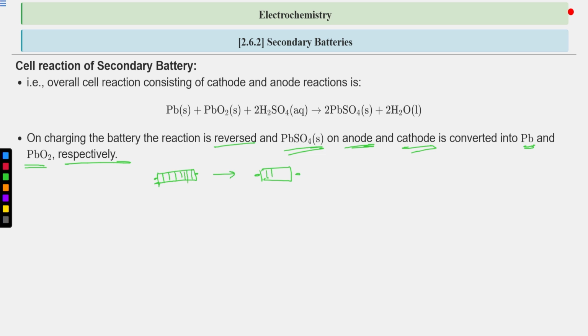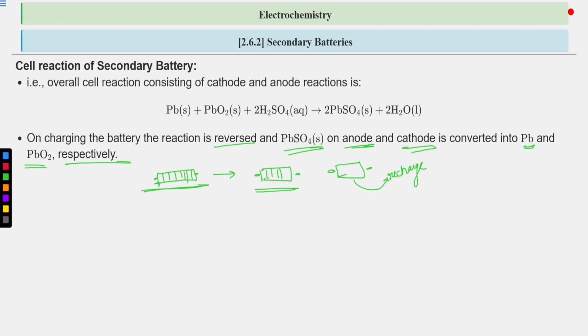Maybe 3 or 4 will remain from these 7, just an example to describe it. So this is a full charge battery and this is a half charge battery, or quarter charge battery, where the battery is discharging. Some reaction is happening from starting to ending while the discharging process is going on. When it gets fully discharged, then you put it to charge, or recharge it again.